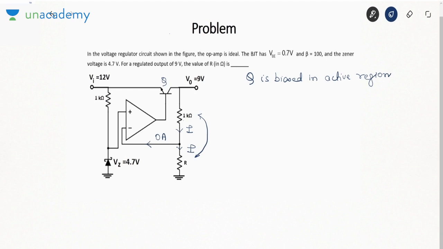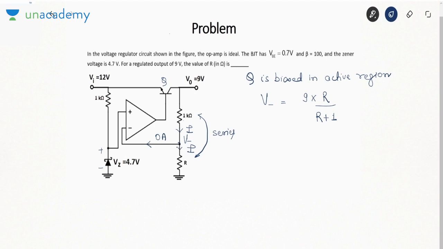Or you can say both these resistances are connected in series. If both are in series, what is the voltage of the negative terminal? V minus by voltage division is 9 into R by R plus 1. Here I am assuming that resistance R is in kilo ohm.